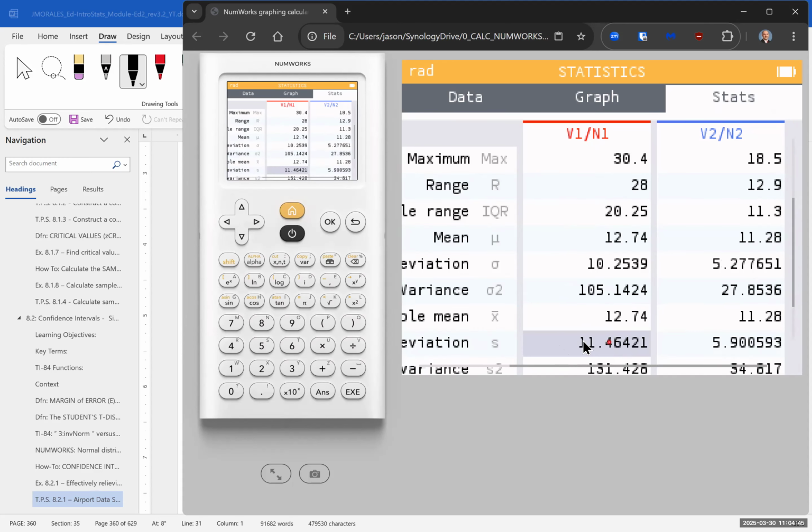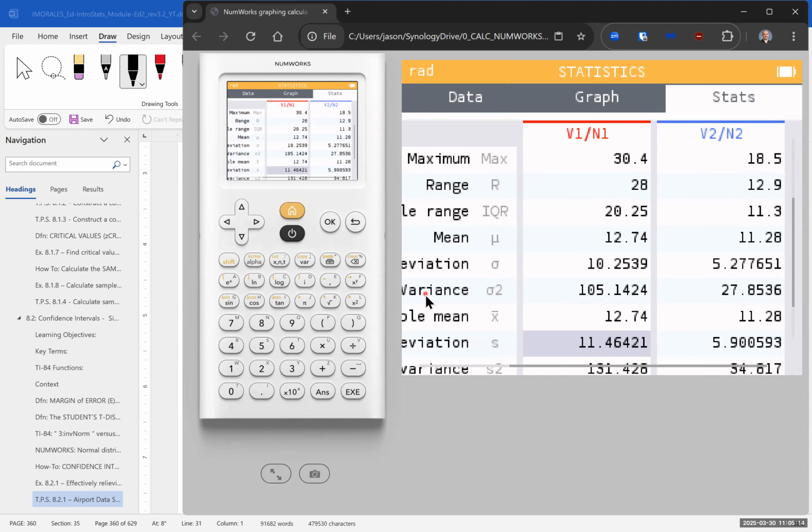I'm going to store this value in capital S, and the other one I'll store in lowercase s. The disadvantage of the NumWorks calculator is it doesn't store these in a variable that you can get to, like we can with the Texas Instruments. But we can store things in upper and lowercase letters. So let me try it here.